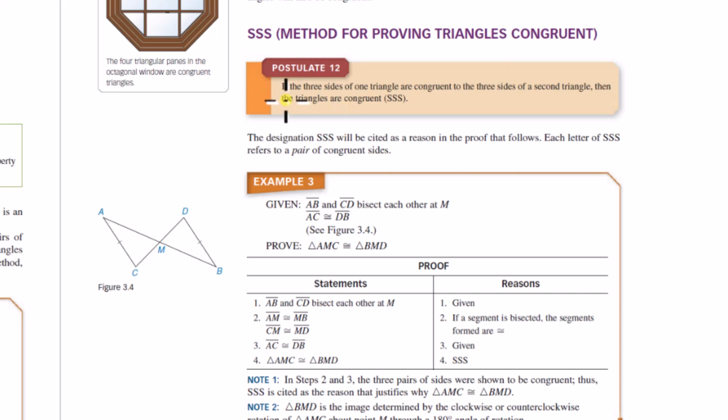This postulate says if the three sides of one triangle are congruent to the three sides of a second triangle, then the triangles are congruent according to this side criteria or postulate. Now just note that this is a postulate. What that means, if you remember from chapter 1, is that we're never going to officially prove this postulate like we do theorems.